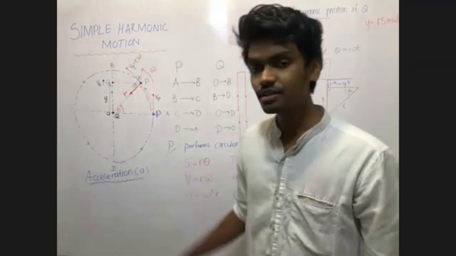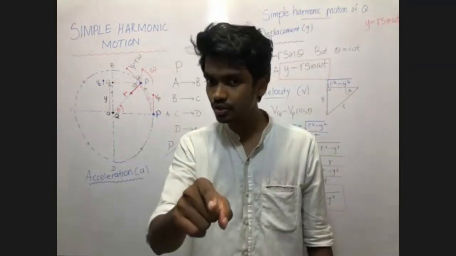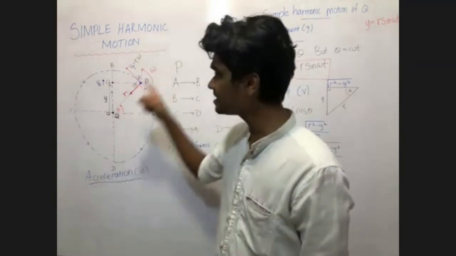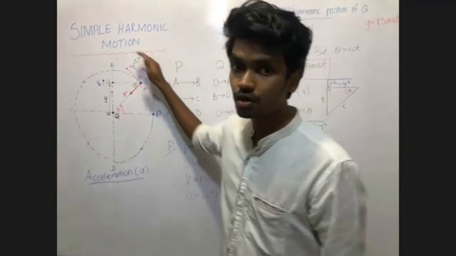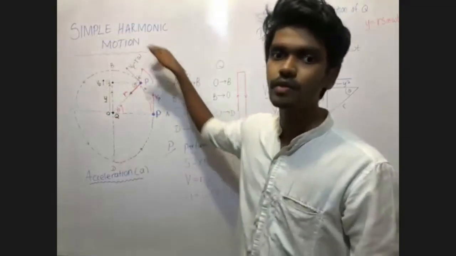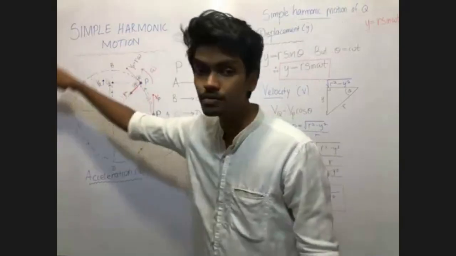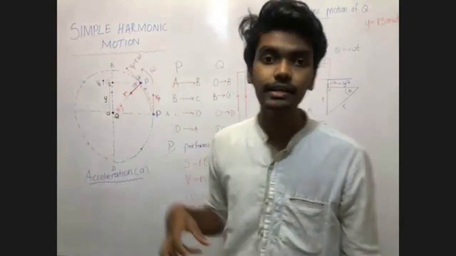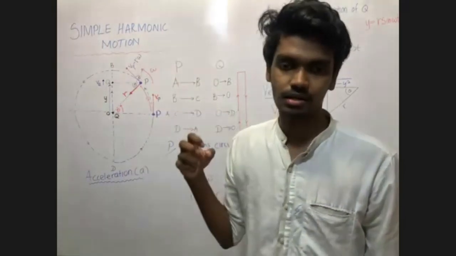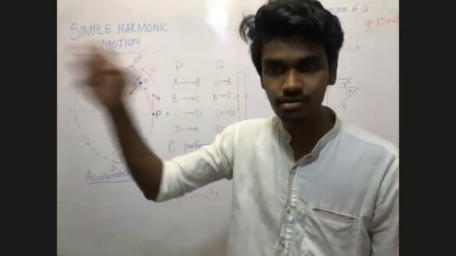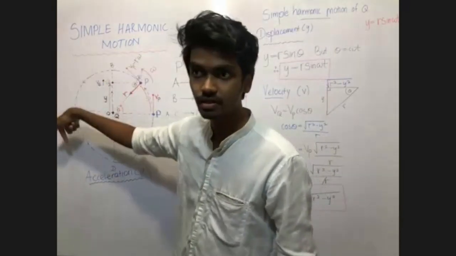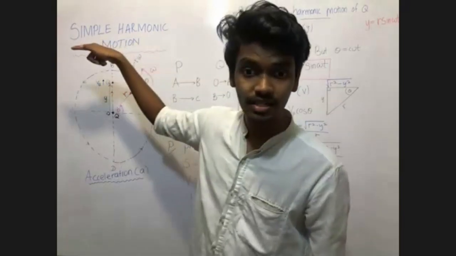So what is the acceleration of P in the first place? I mentioned in the first passage itself that P performs a circular motion with constant angular velocity. If it performs a motion with constant angular velocity, does it have an angular acceleration?